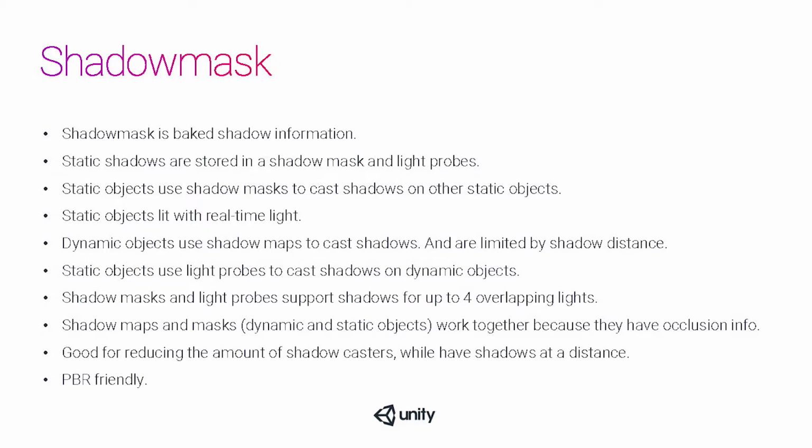Shadow mask is the one that we're looking at now, and the shadows are stored in a separate shadow mask object. It means that we get better shadows at a cost of an extra texture lookup. And it's PBR friendly, so now you can get all your PBR shaders working as well. I will give you these slides as well.